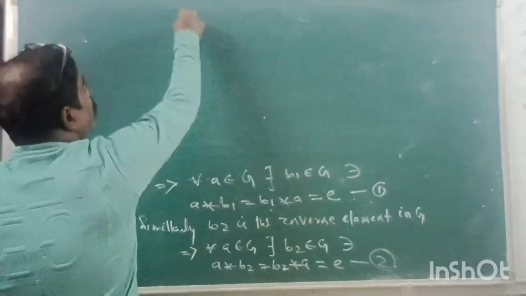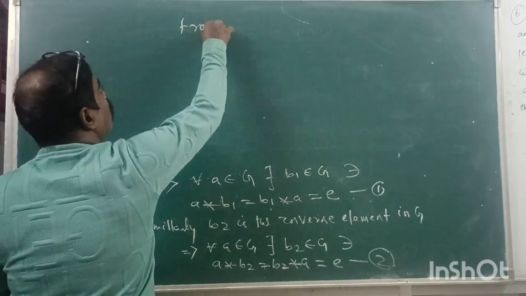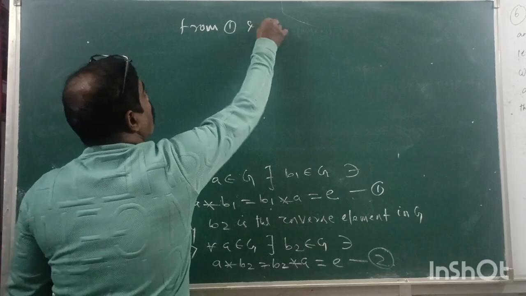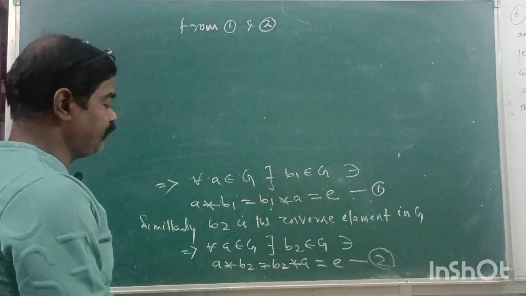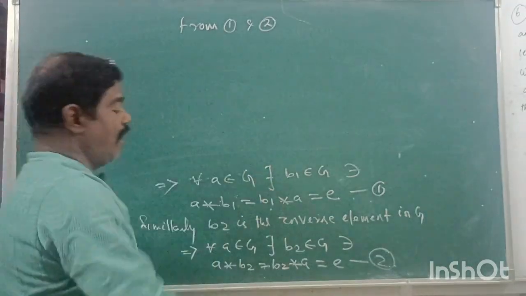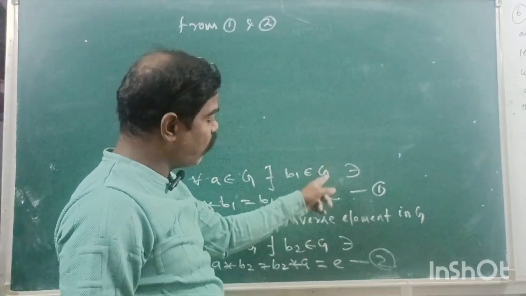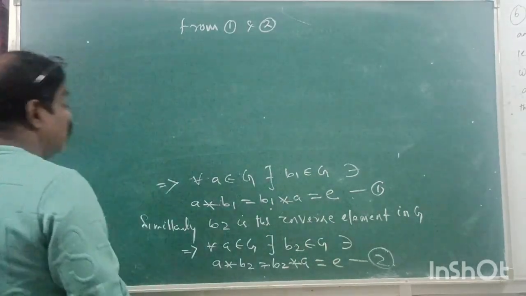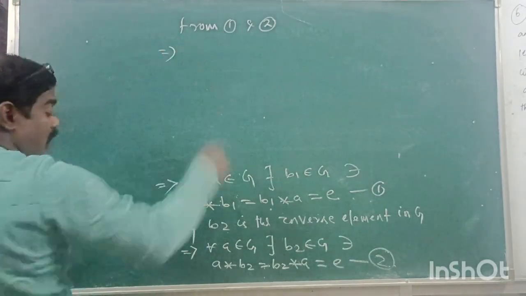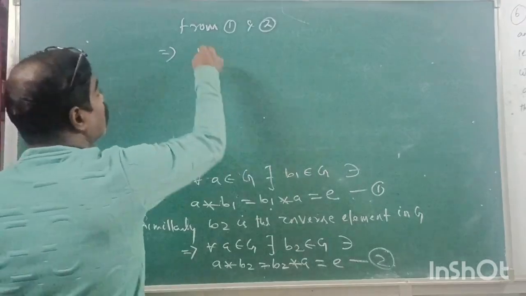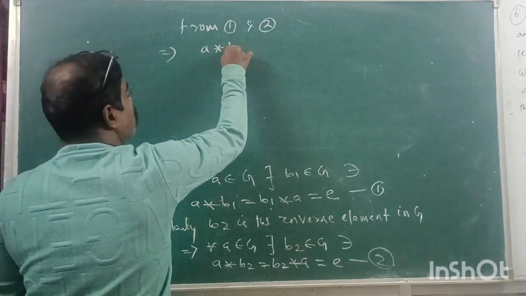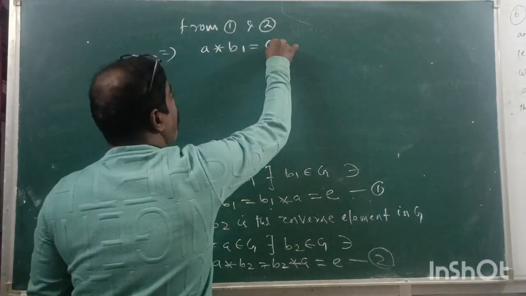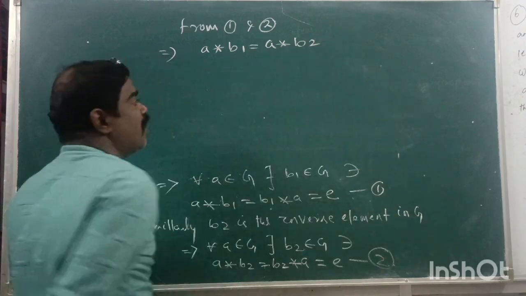From 1 and 2, right hand sides are equal, E and E. This implies left hand sides also equal. A star B1 is equal to A star B2. Have you understood or not?